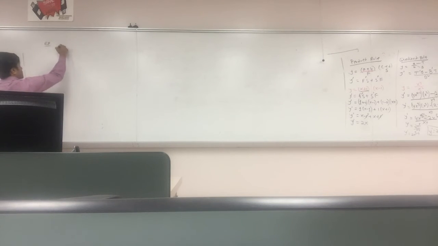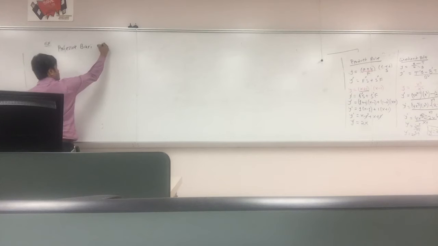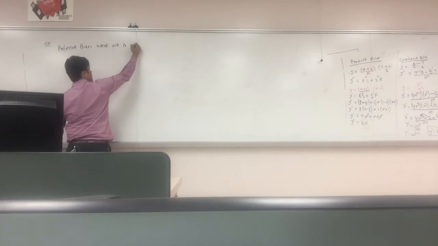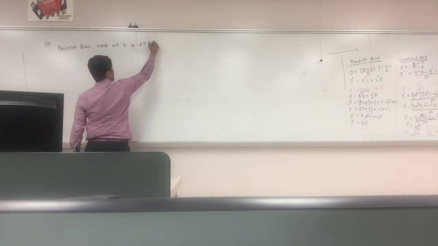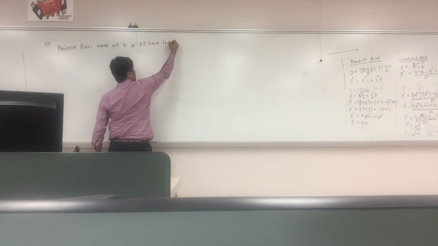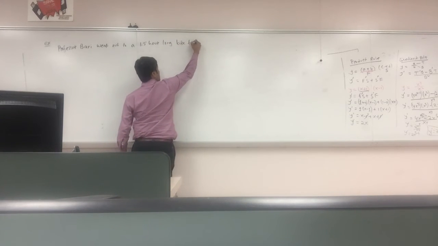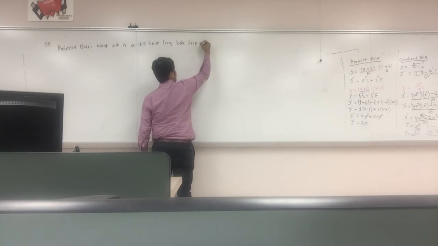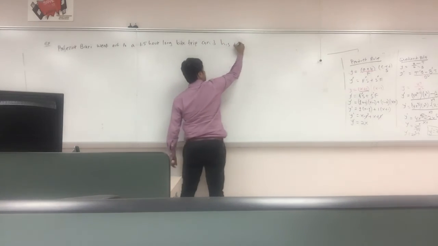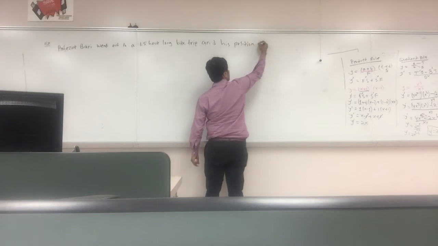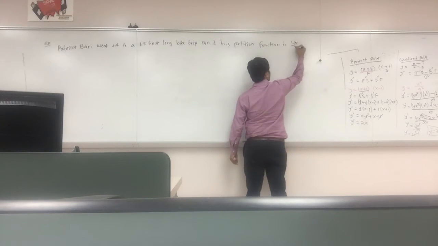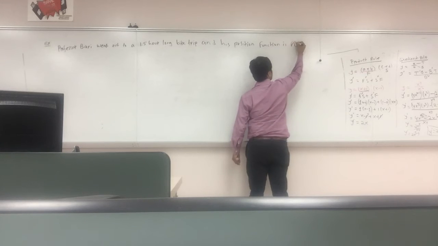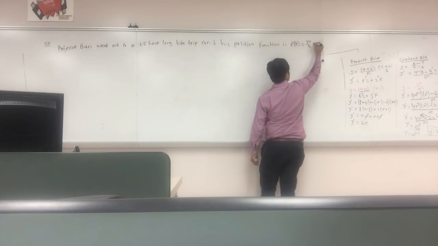Example: Professor Bari went out on a 1.5 hour long bike trip, and his position function is P of t equal to 40 over 3 t squared.